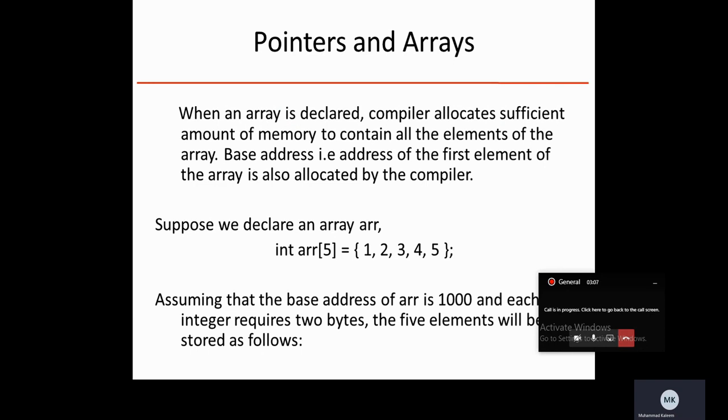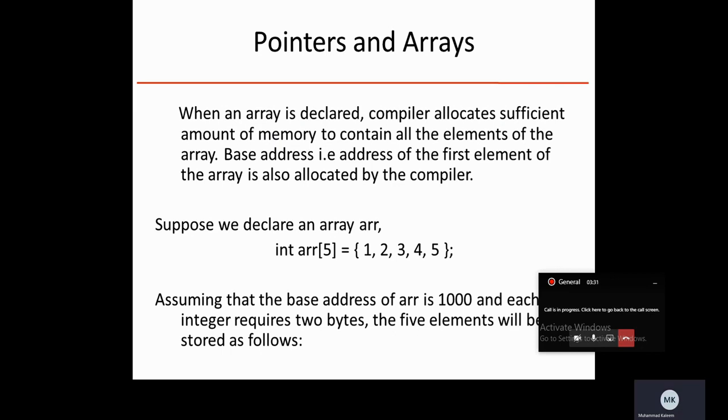Pointers and array. When an array is declared, the compiler allocates a sufficient amount of memory to contain all the elements of the array. Base address, that is the address of the first element of the array, is also allocated by the compiler.